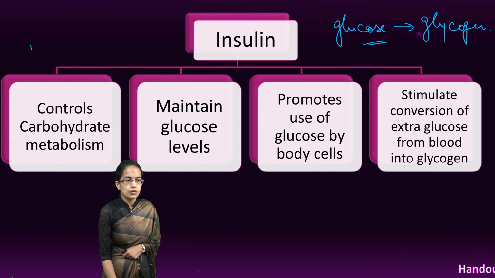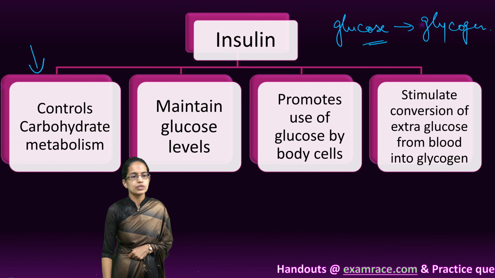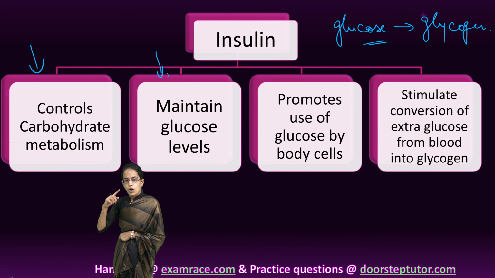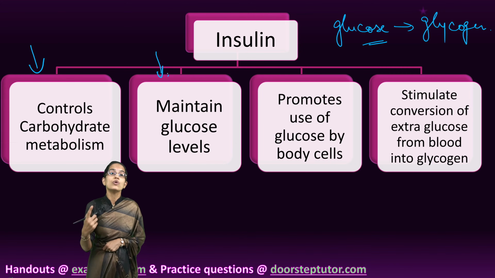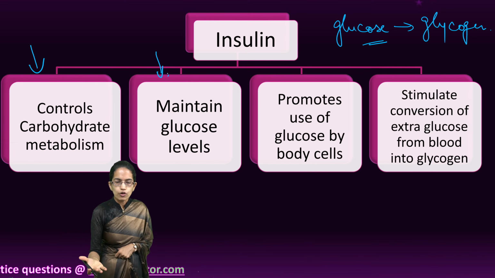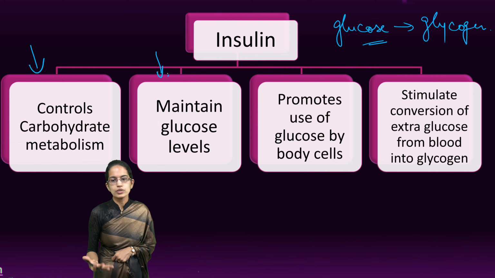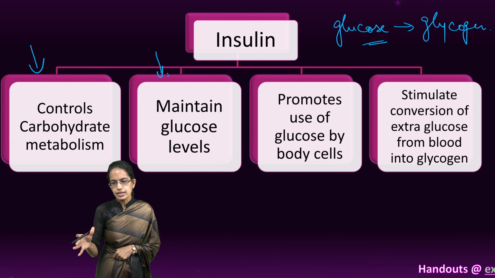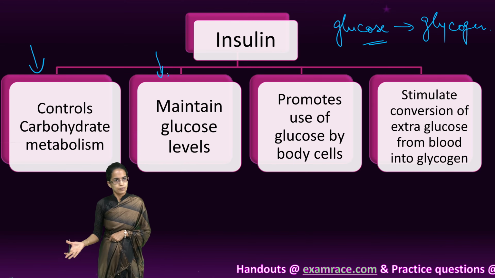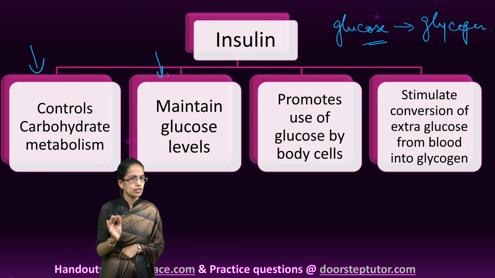So it controls carbohydrate metabolism. It maintains the blood glucose levels, as we already mentioned. It promotes the use of glucose by the body cells. So body cells would utilize more glucose, and therefore there would be more absorption of glucose, and it also helps in the conversion of extra glucose into glycogen, and therefore maintains the amount of glucose in the body.